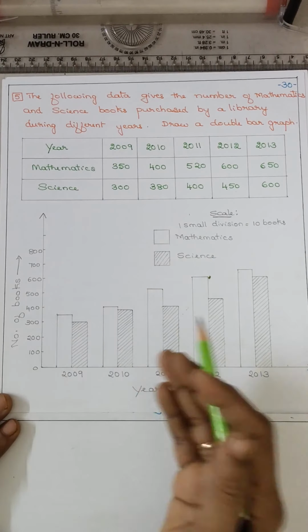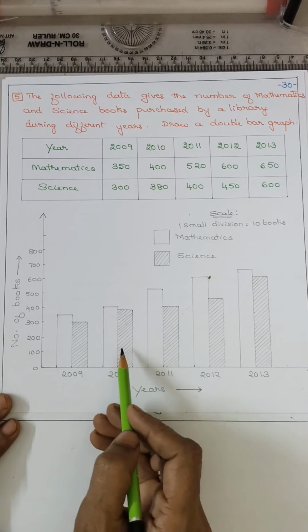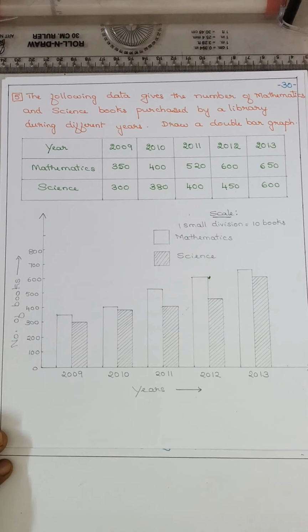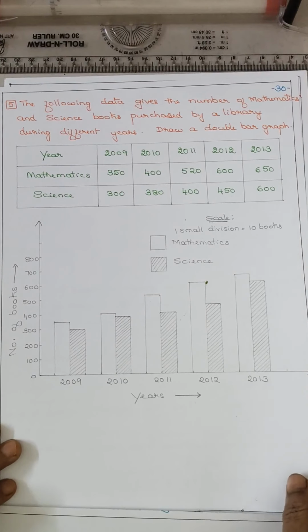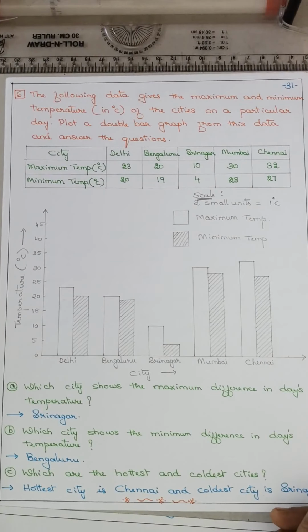So one by one, shade the second for 2009, next shade the second one. Is it okay? So double graph, this is a new topic for you in 7th standard. Hope you have understood. Now coming to the sixth sum.